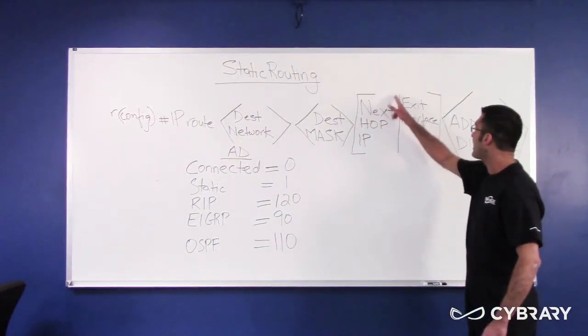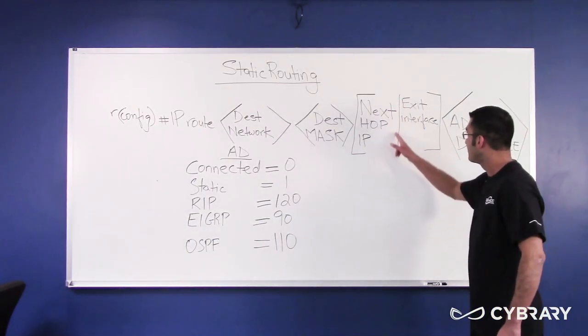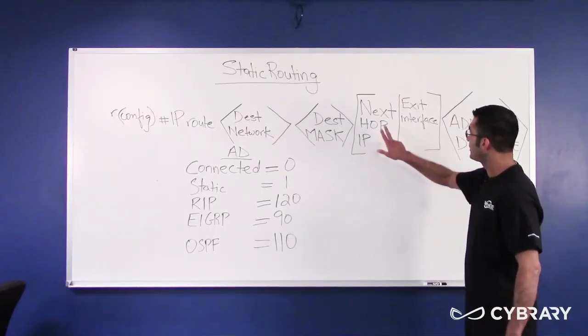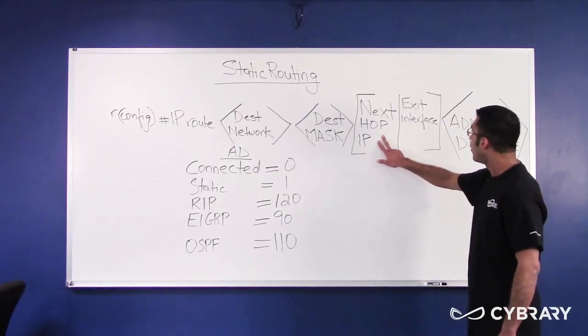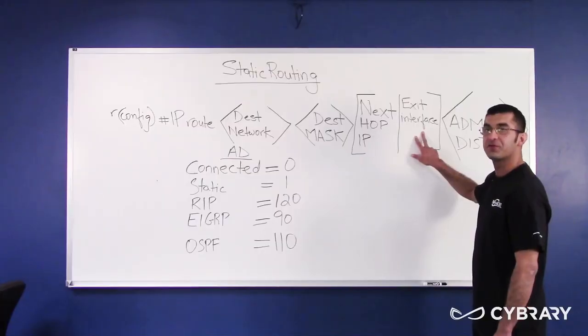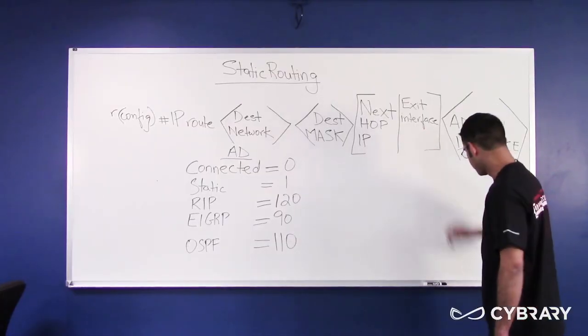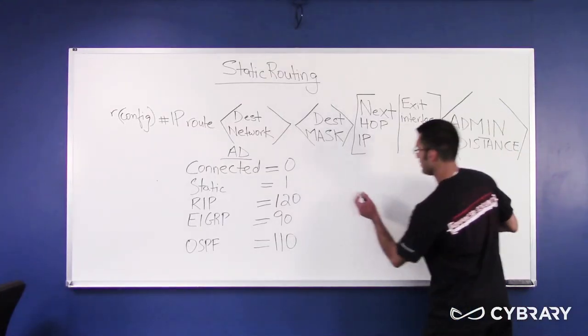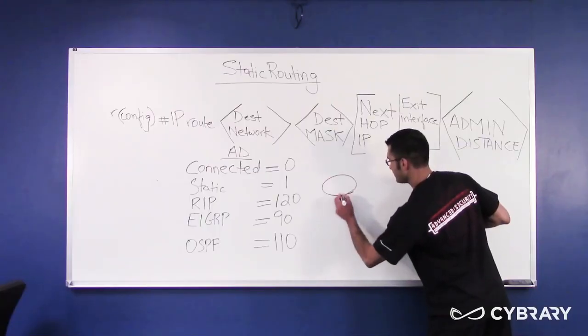This little line in Cisco language means the word "or." So you could either type in the next hop IP or the exit interface of your local router. So let me just draw a little diagram here to explain this better.